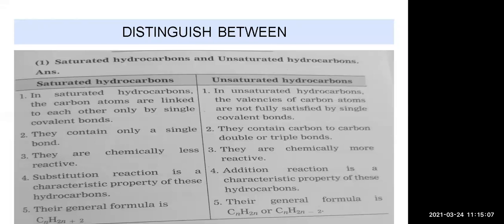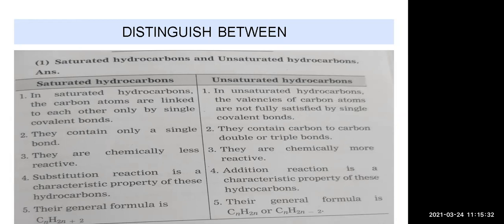Then the second point: saturated hydrocarbons contain only single bonds, whereas unsaturated hydrocarbons contain double or triple bonds. Saturated hydrocarbons are chemically less reactive, and unsaturated hydrocarbons are chemically more reactive.